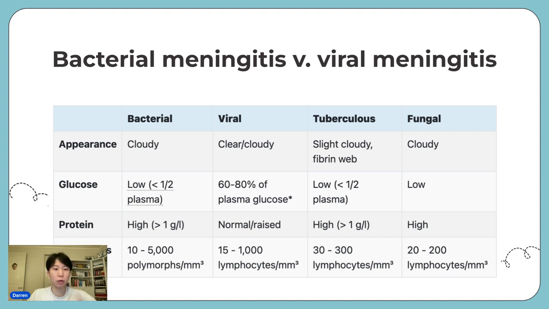And also bacteria attract more inflammatory cells and they make proteins as well, which is why protein is high. You can remember the other stuff, appearance, leukocytes, and TB and fungal, but I think bacterial and viral are the main ones. And I found it logical to remember that glucose is low in bacterial, and they're never going to give you glucose is low and then it's viral as well. So that's just something to keep in mind.